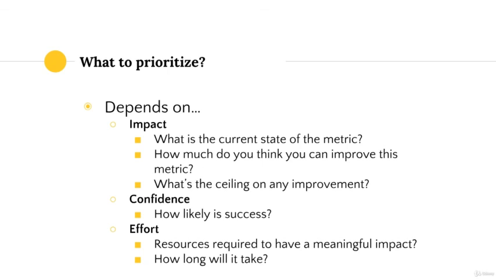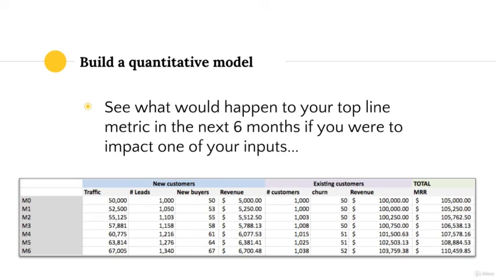Sometimes something will require so much effort that you'd rather just focus on more low-hanging fruit that will show results in a shorter amount of time. Finally, we can build a quantitative model to see what would happen to our top-line metric if we were to impact some of these inputs over the next 6 to 12 months. Let's take a look.